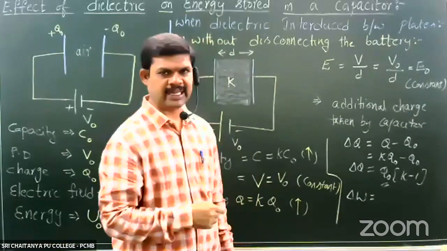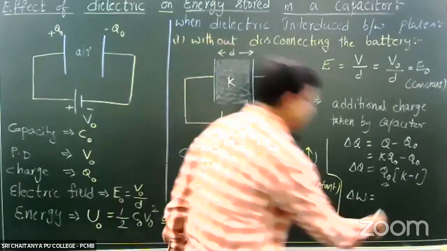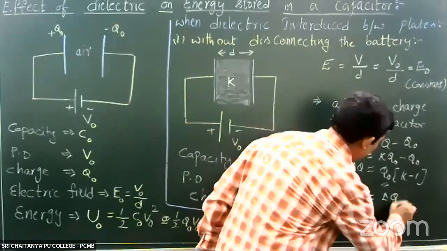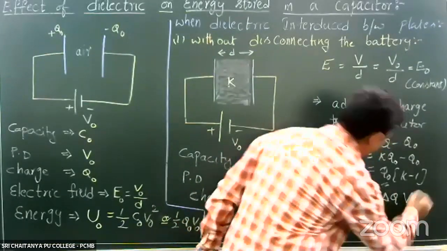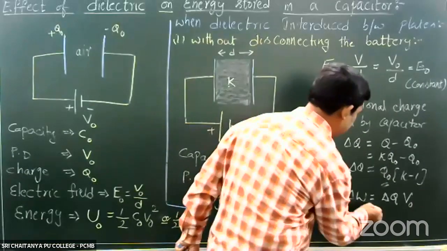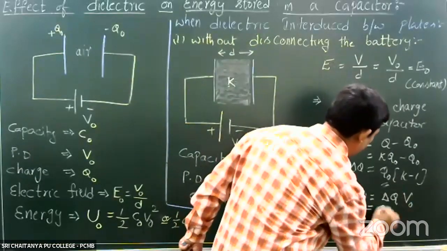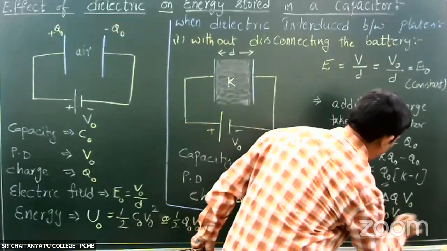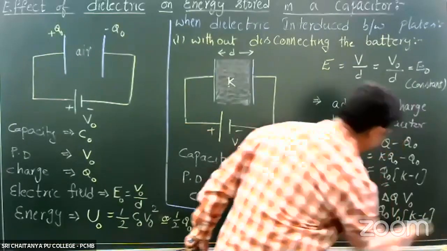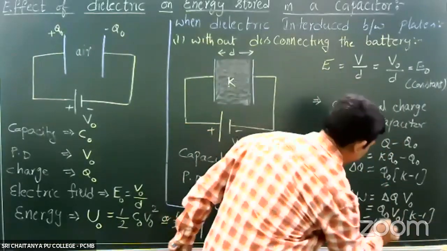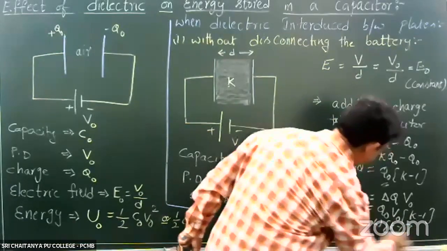Already I told you in the last classes. Here the additional work done is delta Q times V naught, which is Q naught V naught into K minus 1. That is W into K minus 1.